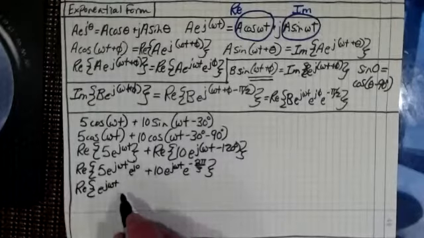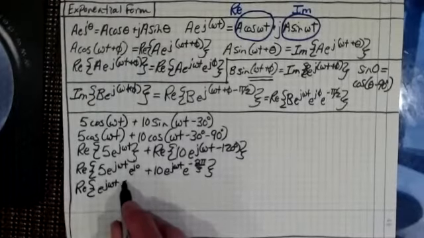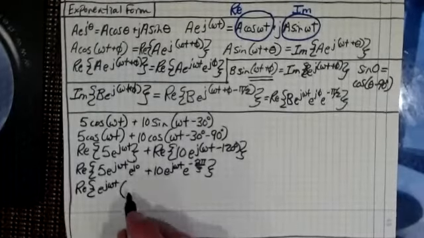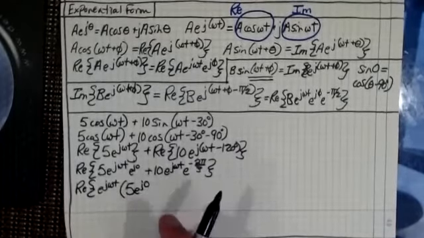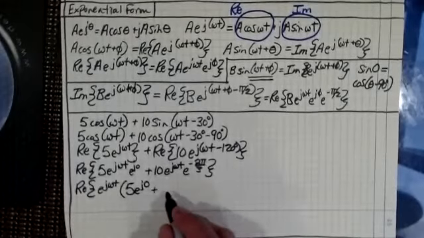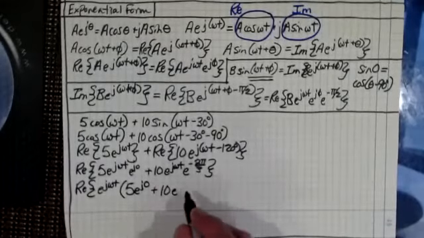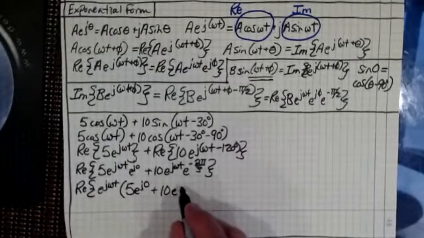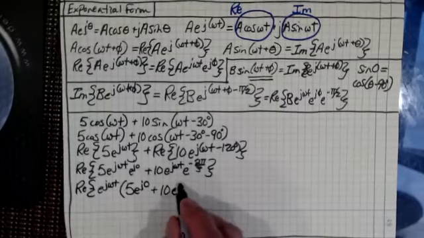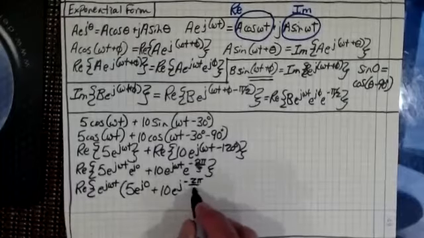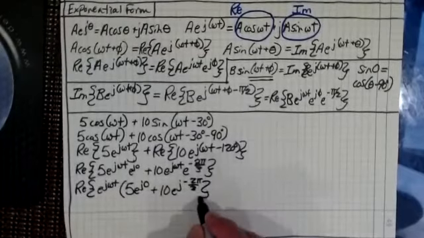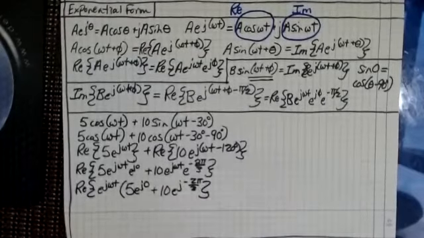So if we take e to the j omega t out, then what we're left with is 5e to the j0 plus 10 e to the minus j 2 pi over 3. Right, does everyone see that? So let's break those up.